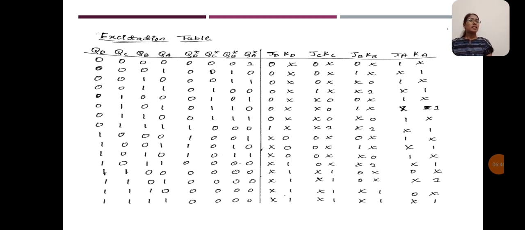For JD, KD, we are taking the values of QD and QD star. For JC, KC, we are taking the values of QC and QC star. For JB, KB, we are taking the values of QB and QB star, and for JA, KA, we are taking the values of QA and QA star. By referring to the values of these, we will get the inputs from the present state and next state.